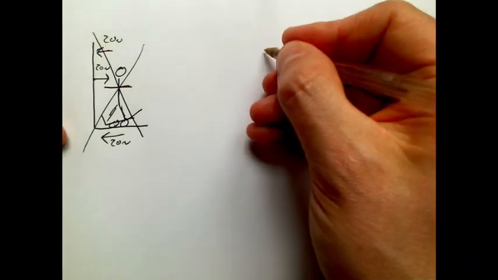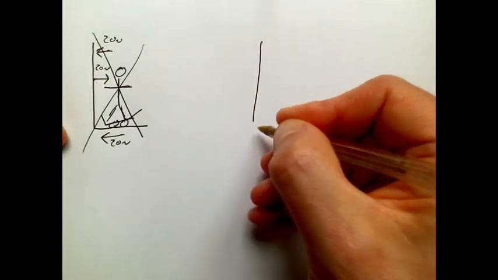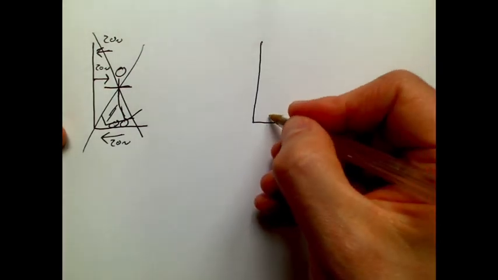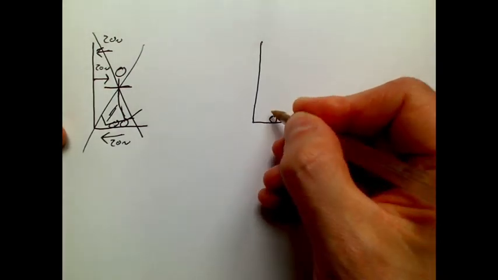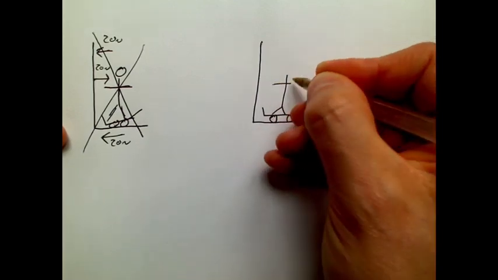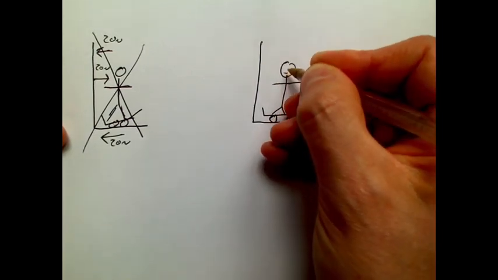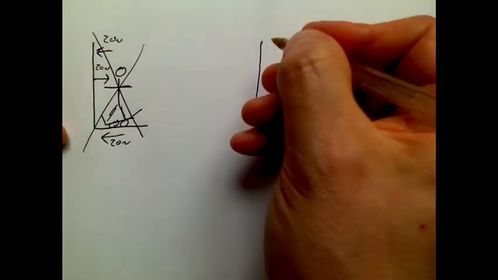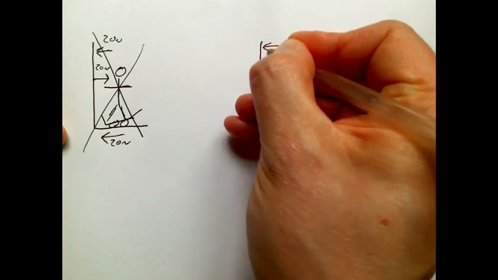So let's think about this situation again, but we're going to change the numbers slightly to make it easier to understand. So we've got our skateboarder once again. But this time they're going to push the wall slightly harder. They're going to push with 40 newtons.